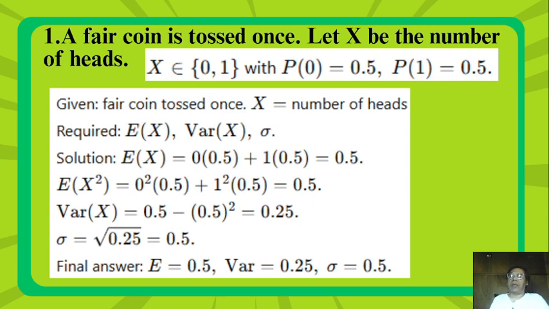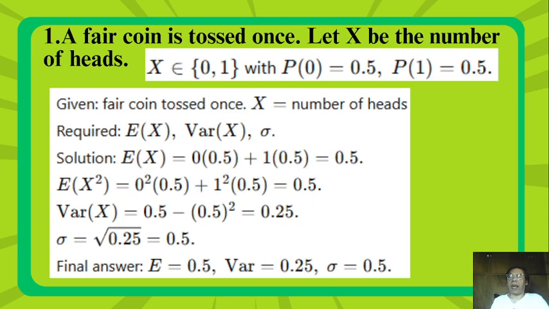Solution. E of x is equal to 0 times 0.5 plus 1 times 0.5, which is equal to 0.5. E of x squared is equal to 0 squared times 0.5 plus 1 squared times 0.5, which is equal to 0.5.